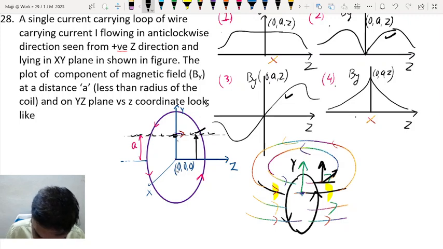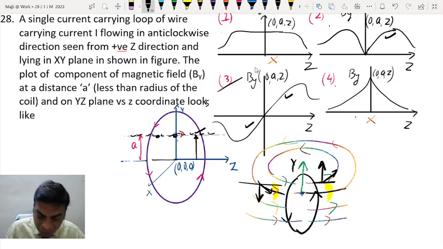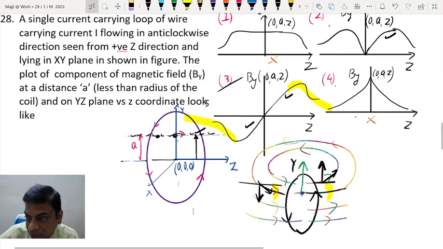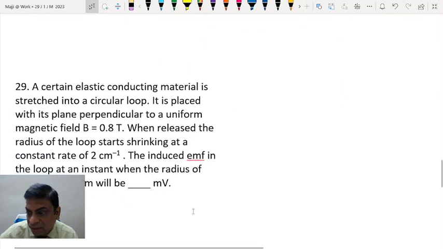Whereas here, to the left of the origin, somewhere here, you can see that the component of magnetic field along the y axis is negative. So negative means this, so the correct option is this. And as you know, if you move farther and farther away, practically the field intensity will reduce to zero at a far off distance. So the third option is the correct answer.